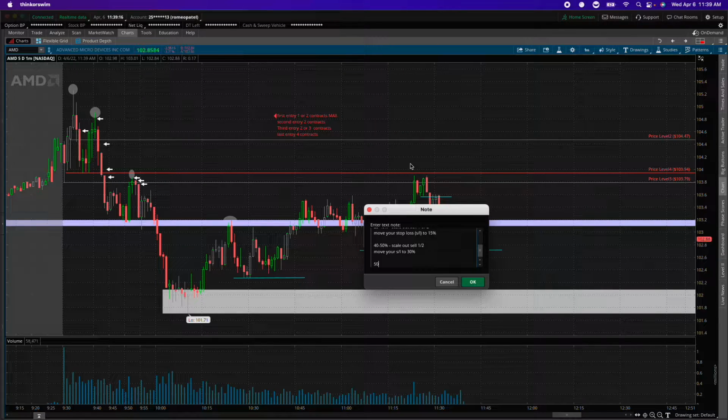Anything above 50%, 50 to 75%, you scale out, sell 1 to 2, move stop loss to 40%, and then 100 plus runners, right? So you should only have 1 contract left. Sorry, I forgot to do 75 to 80%: keep 1 contract, sell remainder.